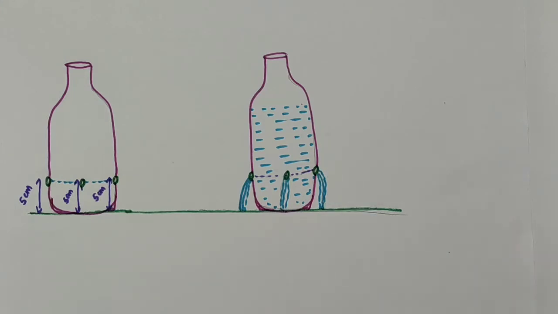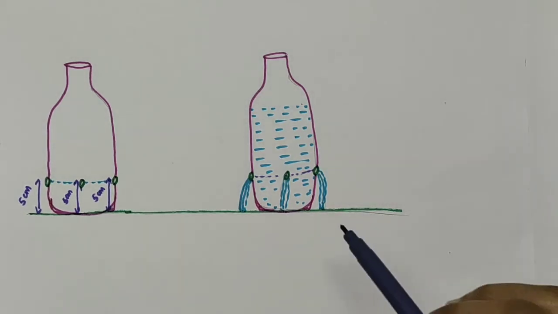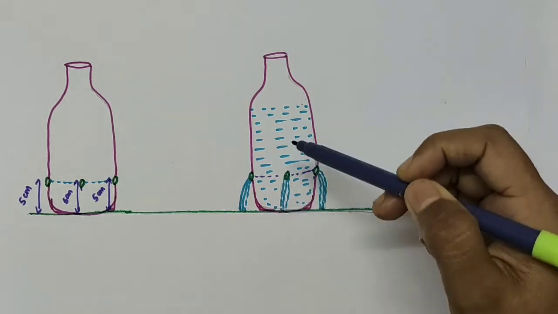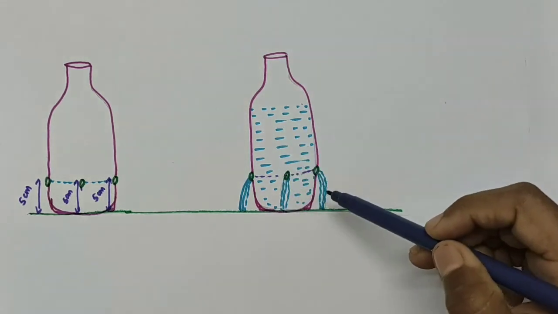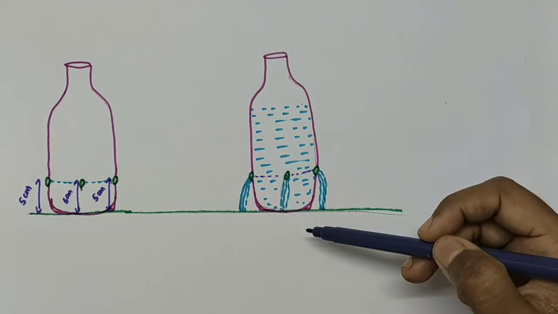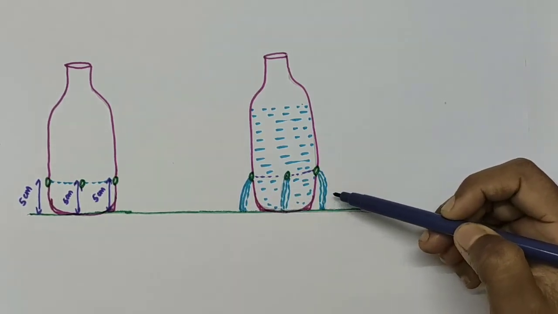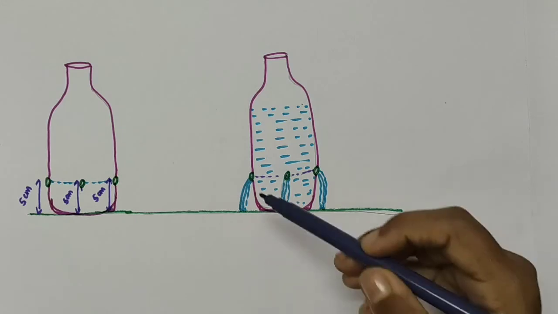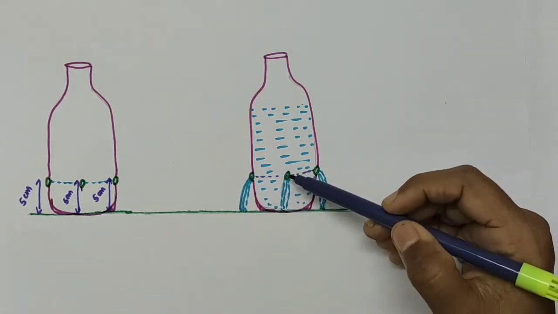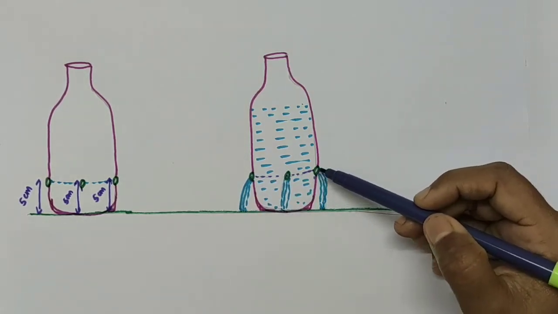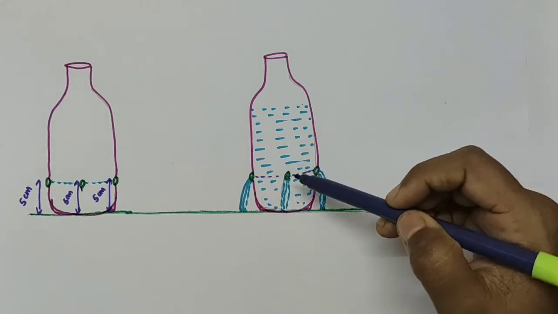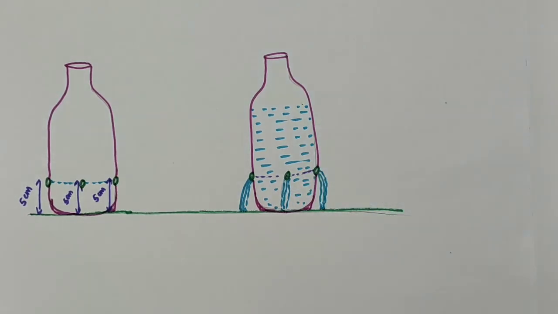Now, in the second figure, we have filled this bottle with water. What do you observe here? Water comes out from all the holes of the bottle. Water comes out from this hole, this hole, this hole, and from the 4th hole also.